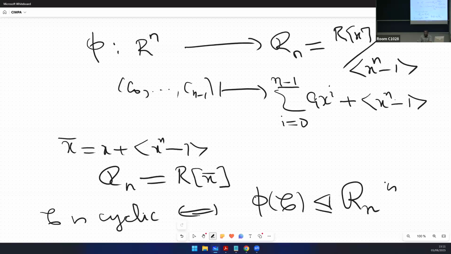This ring is a principal ideal ring. Any ideal of this ring is principal.